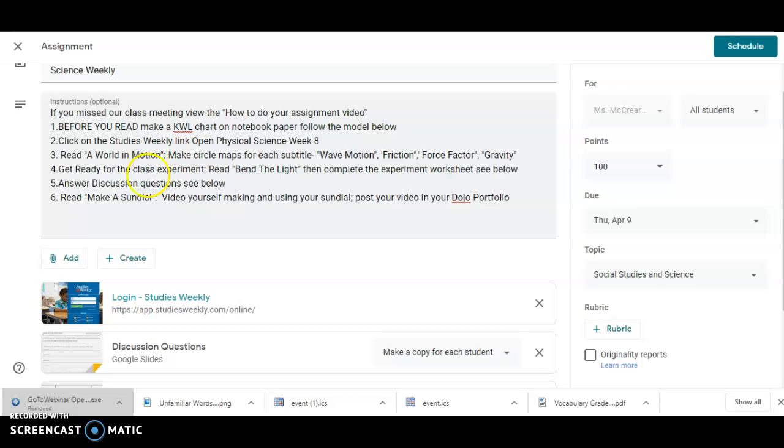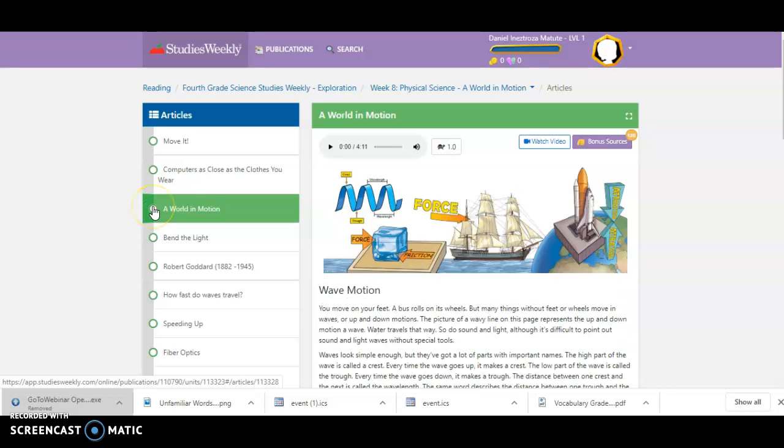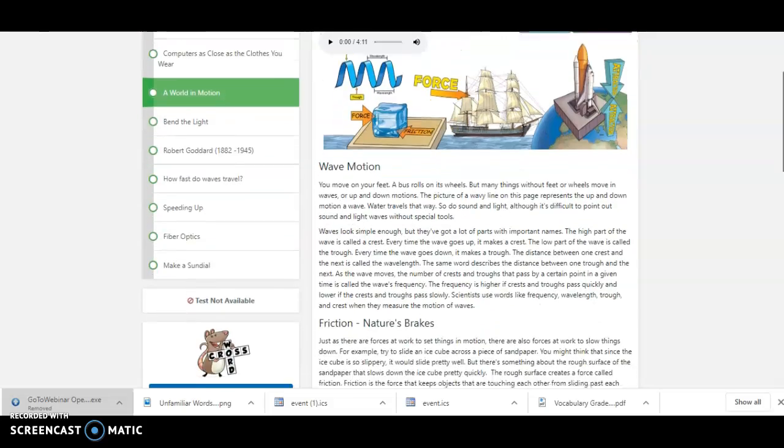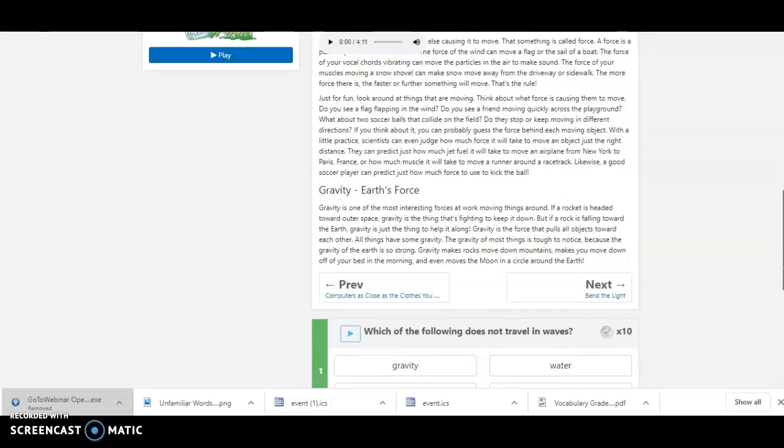The instructions said we're going to read A World in Motion. We're going to make circle maps for each subtitle: wave motion, friction, force factor, and gravity. Let's go back. We're going to click on A World in Motion, and there it is. There is the article, the subtitles. You're going to make a circle map, you know what that is, for each one.